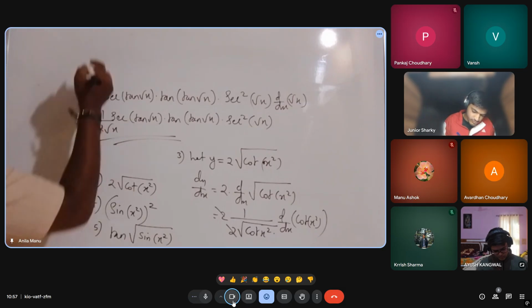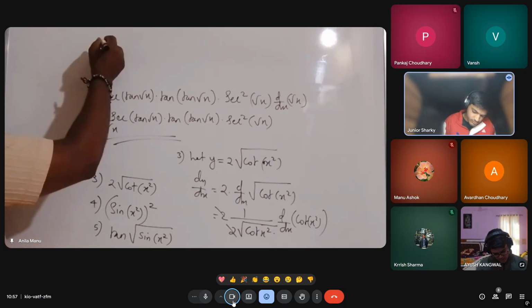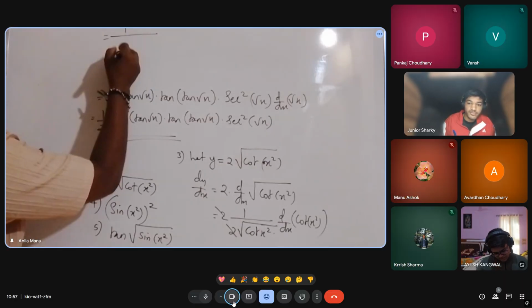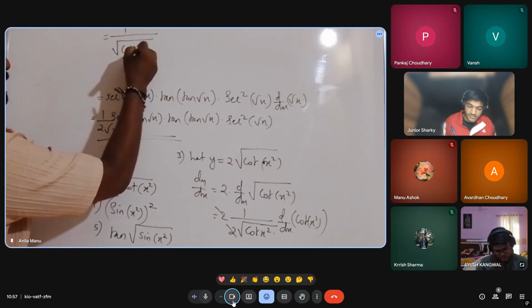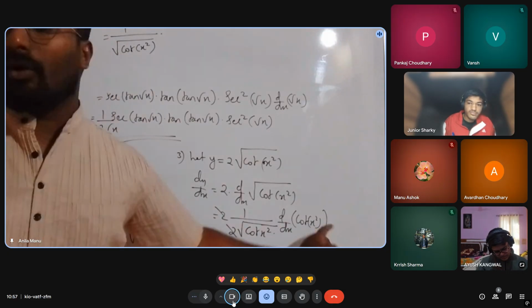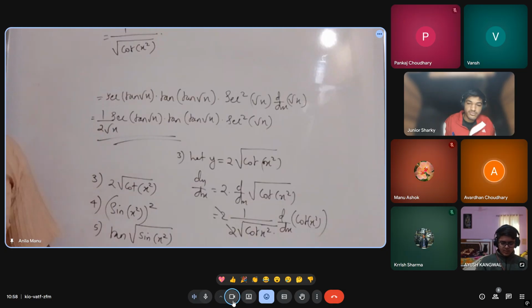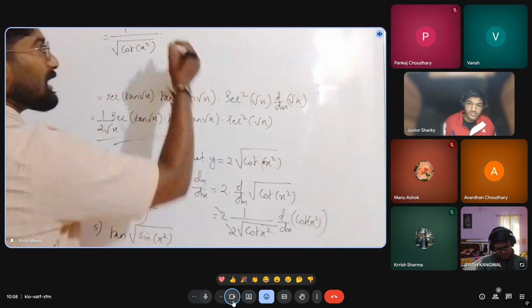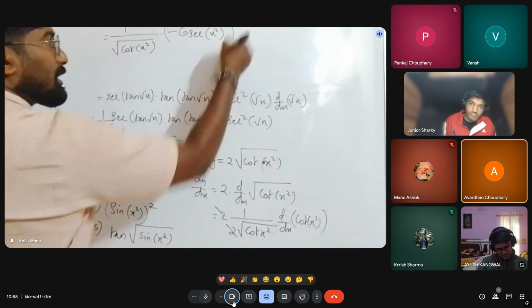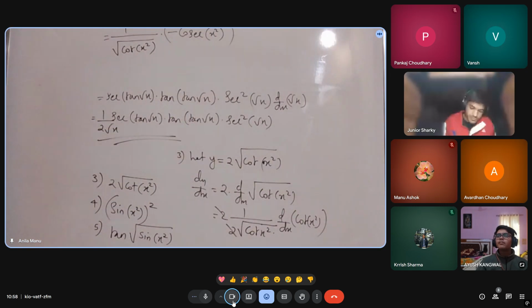So next step, which is equal to 1 by square root of cot x square into derivative of cot. Derivative of cot x is minus cosec square x. It is a co-function, that's why negative. So minus cosec square x square.